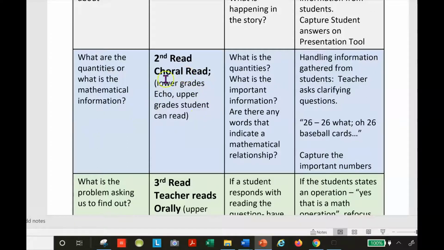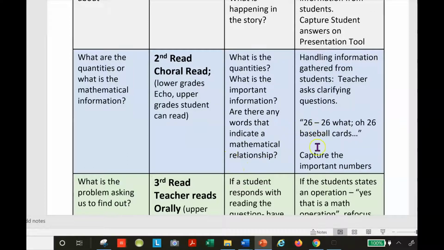The second read really should be an echo read or a choral read or a designated student read, not just the teacher. So we hear the problem read by someone else, and then the questions from the teacher are, what are the quantities, the number information? Are there any words that indicate a mathematical relationship?